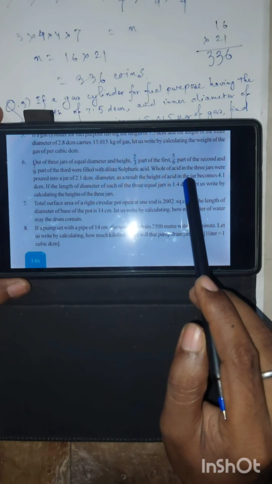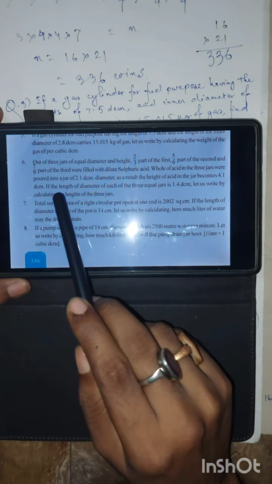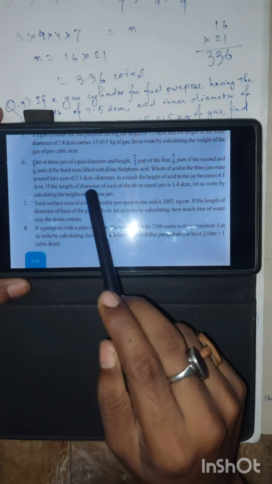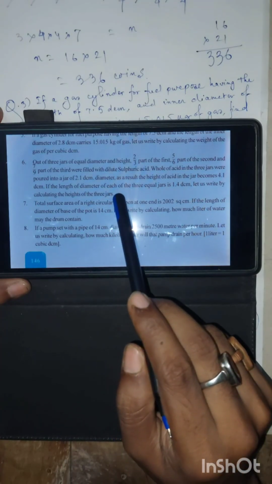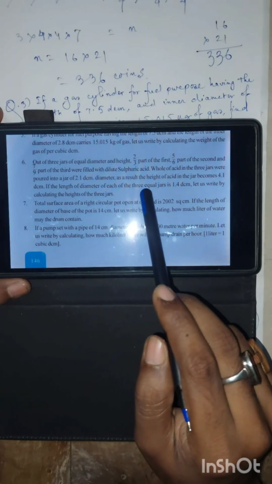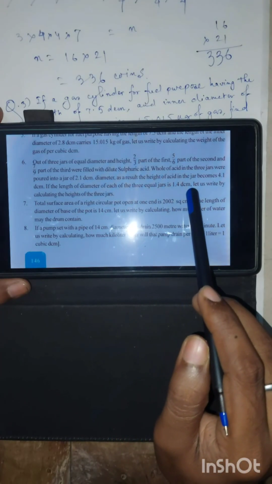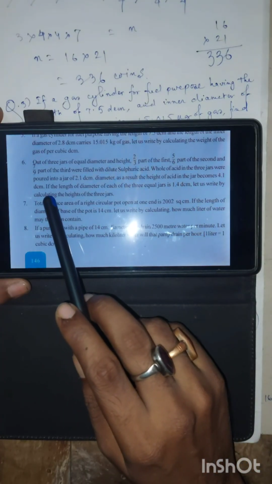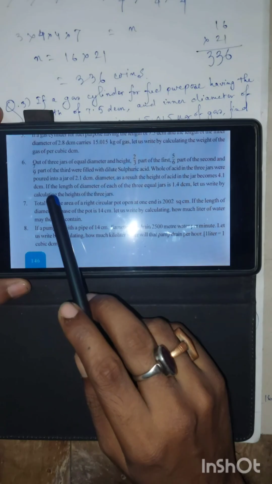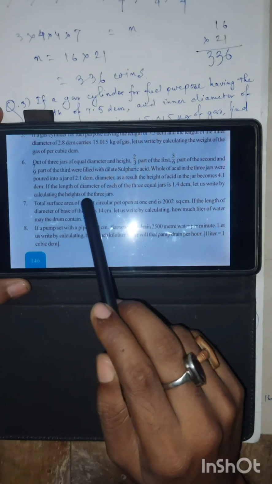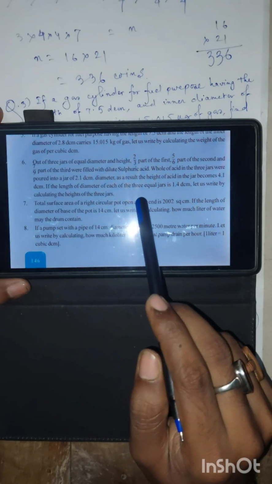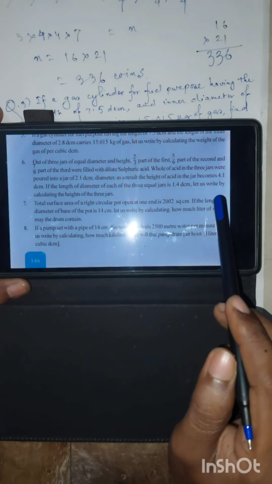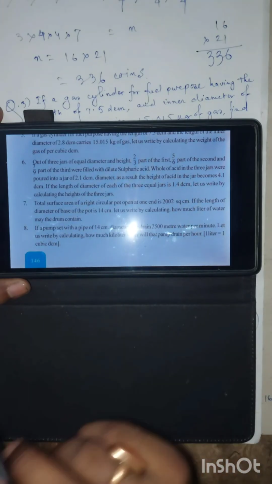Whole of acid in 3 jars were poured into a jar of 2.1 decimeter diameter. As a result, the height of the acid in that jar becomes 4.1 decimeter. If the length of the diameter of each type of 3 equal jars is 1.4 centimeter, let us write by calculating the heights of the 3 jars.